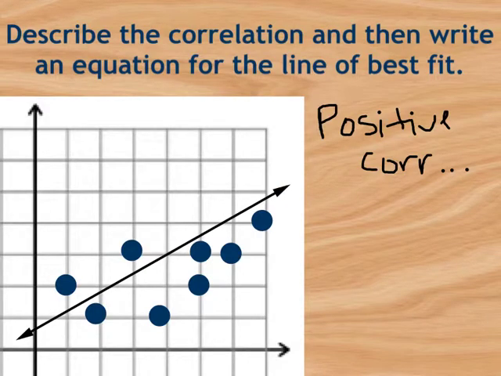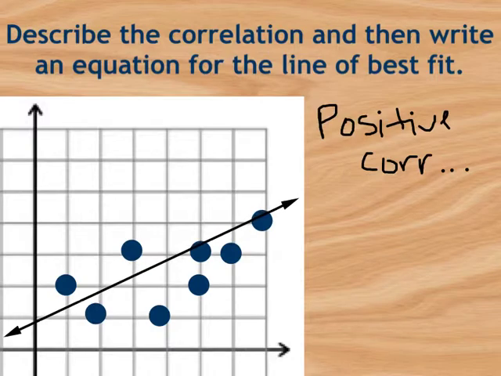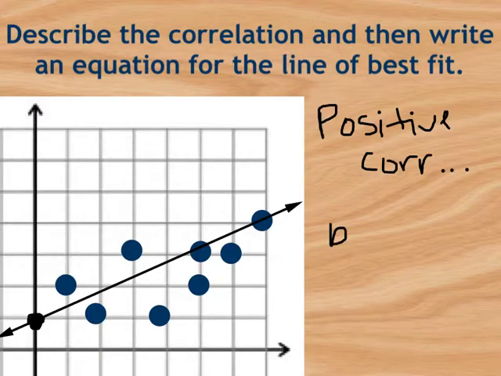Now remember, this is the one where I told you you can make your life easy on yourself. Adjust it so it looks like it goes through about most of the points, but make it easy. We know we want y equals mx plus b, so we need a b. So I made sure to graph it so that it goes through my y-intercept. B equals 1, and then we need to figure out a slope. To find slope, you want to find a point it looks like it goes through well.